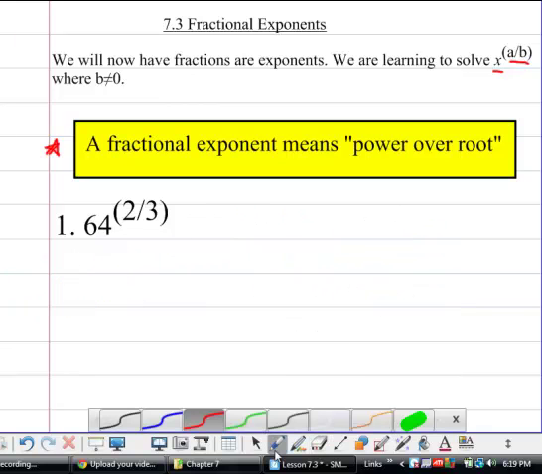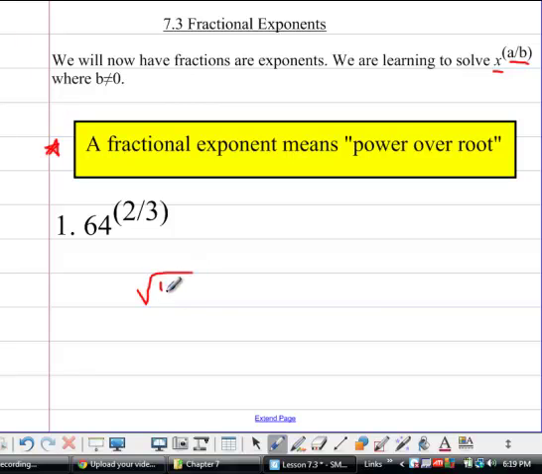So if you've ever seen me do a shortcut, for example, if you asked me to take the square root of 49, well, we all know the answer is 7. But on my calculator, I often type 49 raised to the 0.5 power. Well, 0.5 is really 1/2.